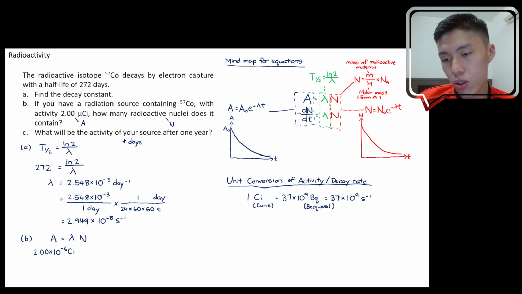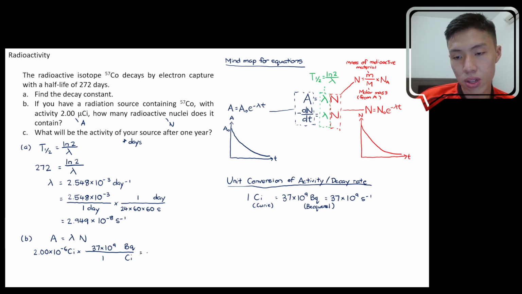But of course, you are not supposed to substitute it in curie. You have to convert it to becquerel in order to put it in per second unit. 1 curie is equivalent to 37 billion becquerel. So this will allow you to obtain your activity in per second already.